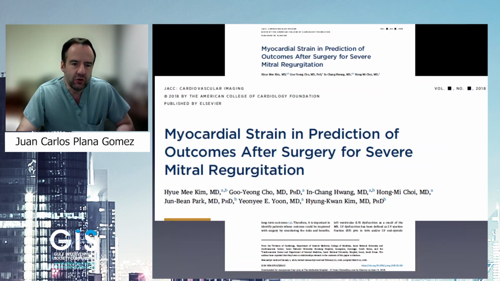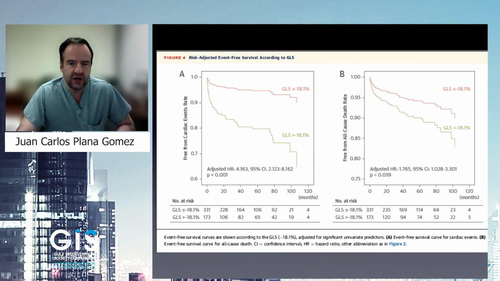Now, let's take a look at mitral regurgitation, and kind of the same concept applies. You see over here the freedom from cardiac event to the left using a cutoff of minus 18.1, and then to the right, freedom from all-cause death, again using a cutoff of minus 18.1.